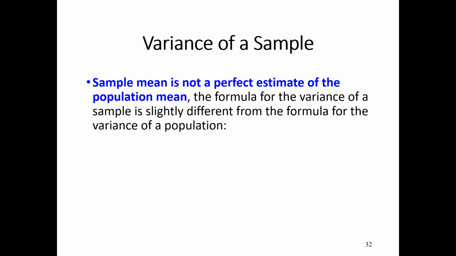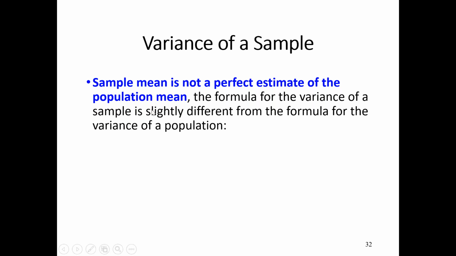Sample size determination is another topic, which I'm not covering here. Based on the prevalence, I can calculate the sample size, and it will indicate that this much sample is required for a representative sample of so many people in the general population. Otherwise, the sample mean is not a perfect estimate of the population mean.